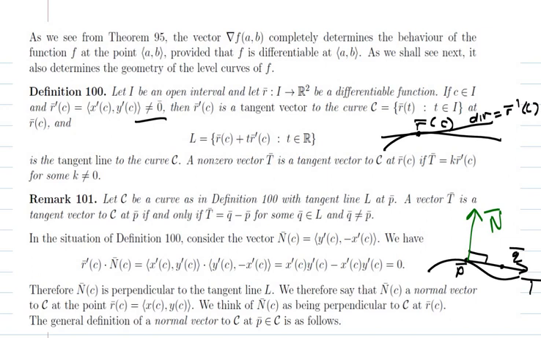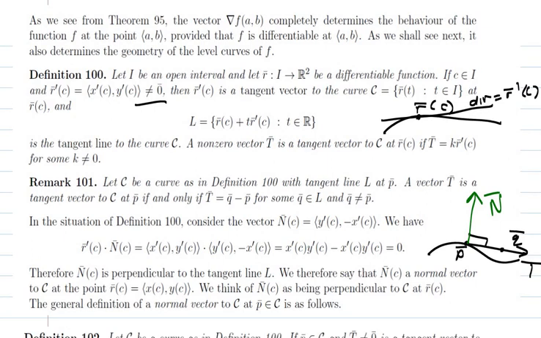Now, a non-zero vector T is a tangent vector to C if the vector T is a non-zero scalar multiple of r'(c), the derivative vector. All right. Here I have another remark.